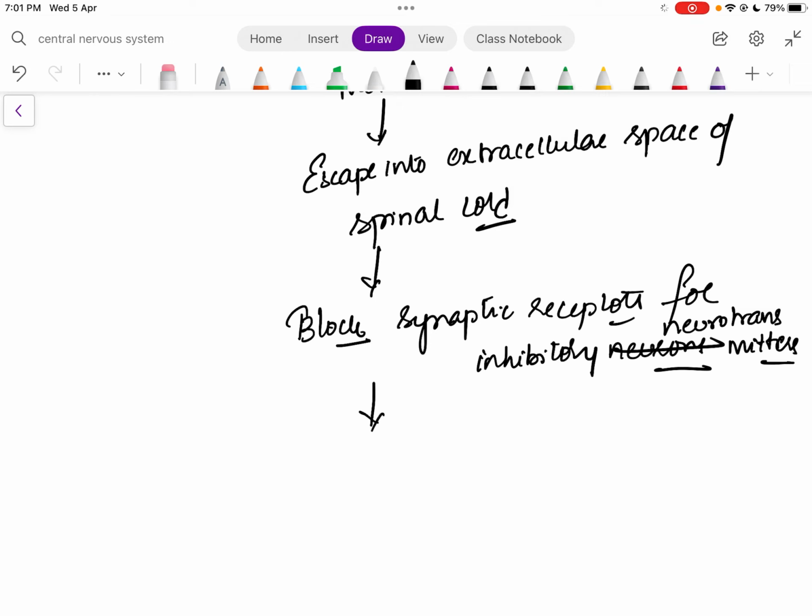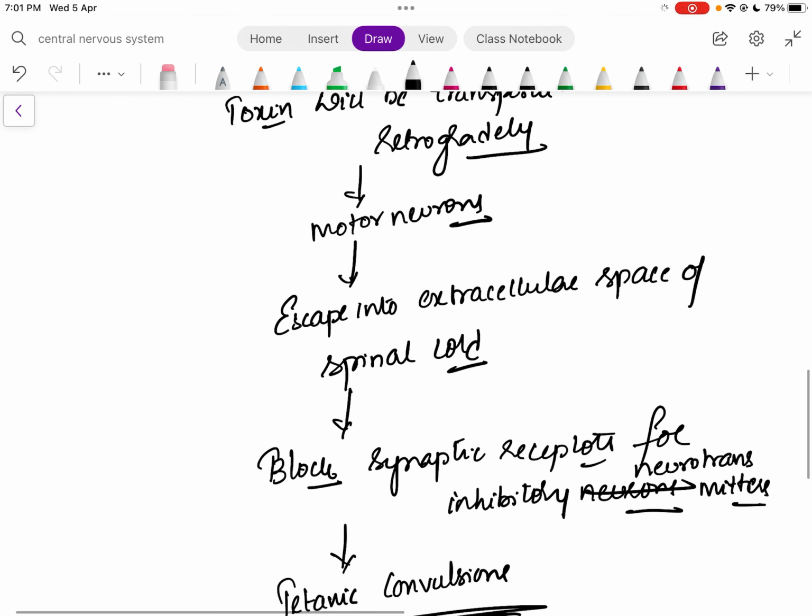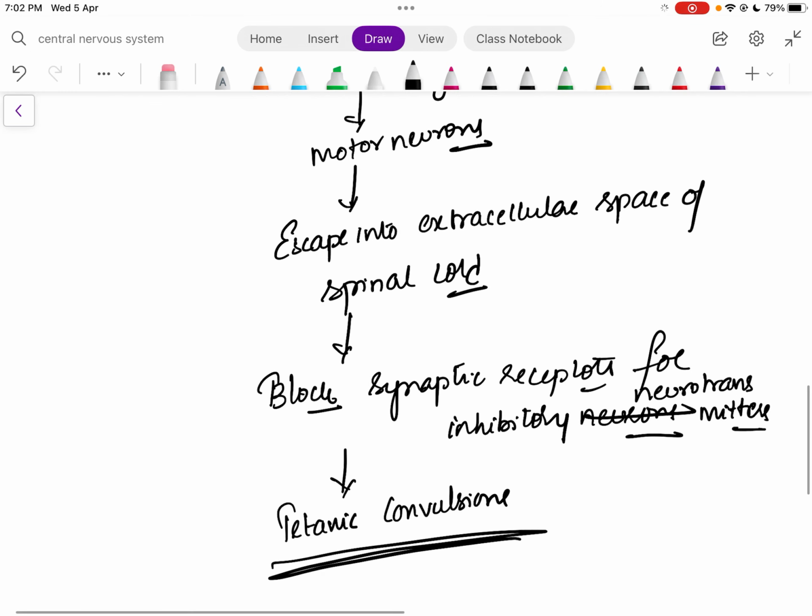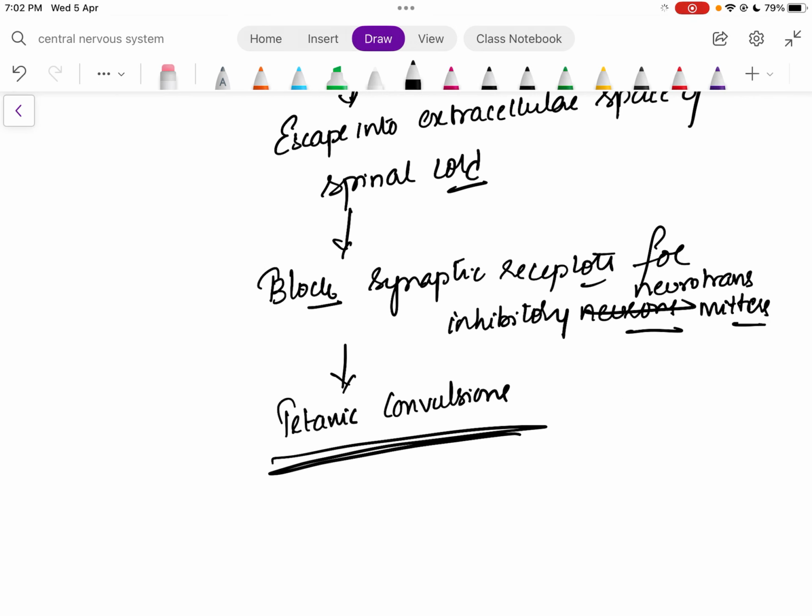That means there will be continuous contractions and they will cause tetanic convulsions. This is how tetanus toxin will cause disease in persons when they are infected with it.